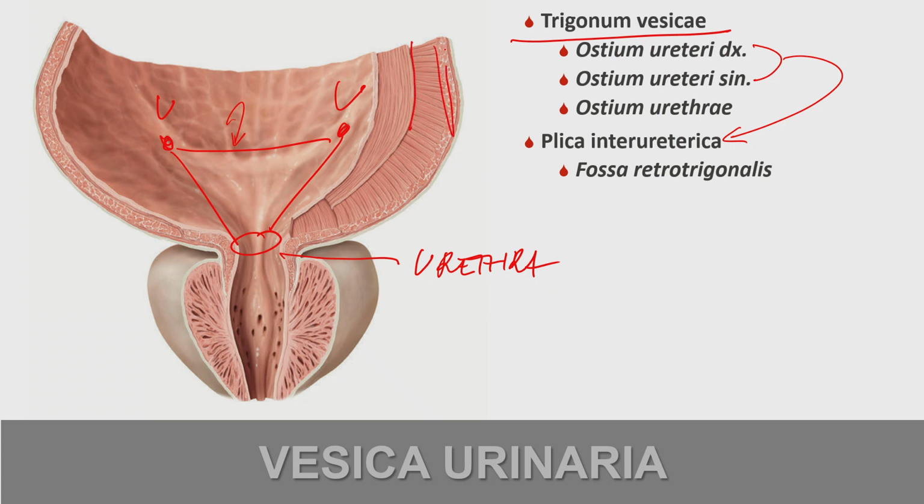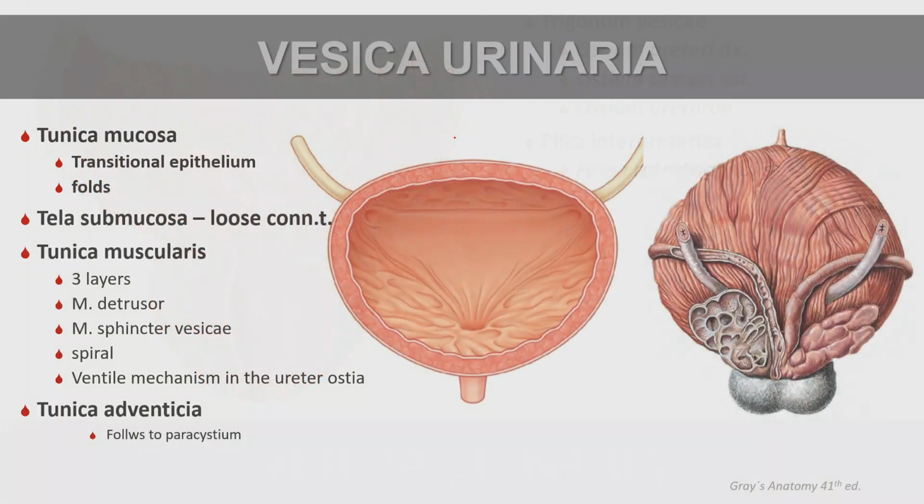The muscular layer is composed of 3 layers. In general, inside we have a mucosa which contains transitional epithelium, which is elastic. Even though it's elastic, it makes folds, because if you imagine the expansion from 250 milliliters to 300, those folds are then extended, and this is protection from mechanical impairment.